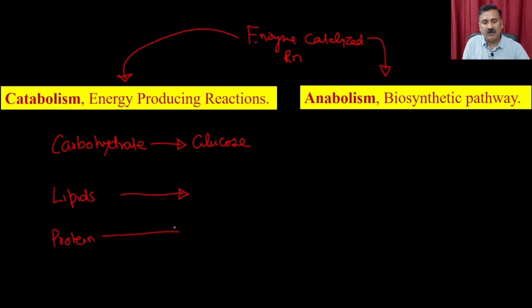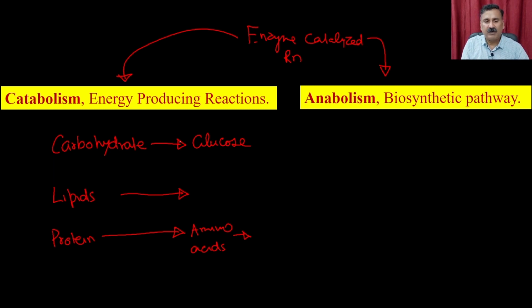Proteins get converted into amino acids, and these amino acids are then utilized for energy production. But that is very rare, occurring only when the person is going through starvation conditions.